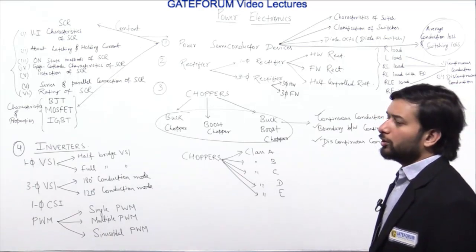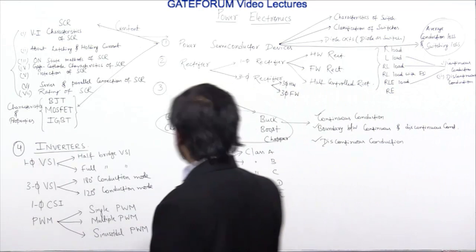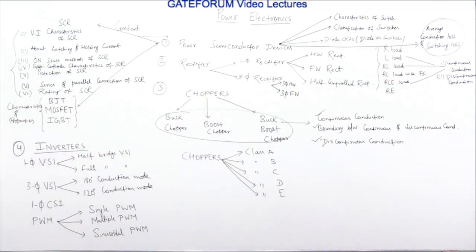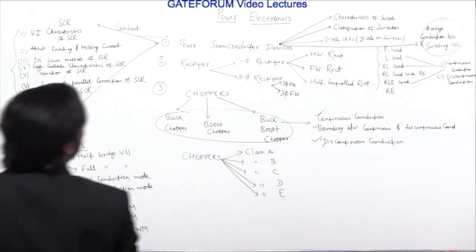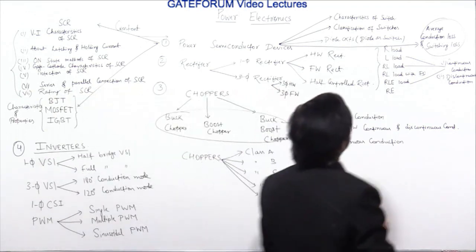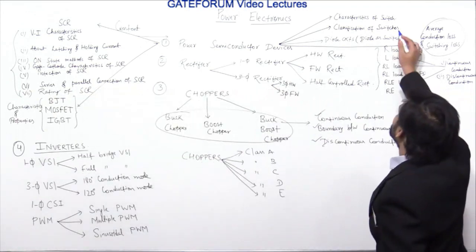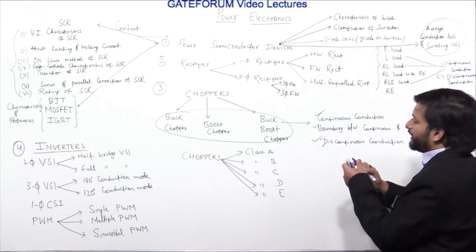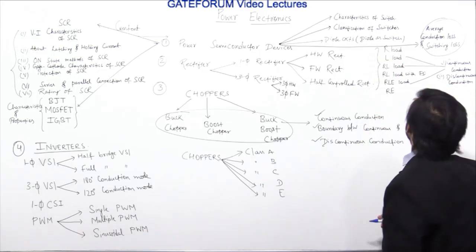Okay, now from where can numericals be asked? See, numericals. From here MCQs can be asked, like they'll tell you to identify the type of switch, which type of switch is there.